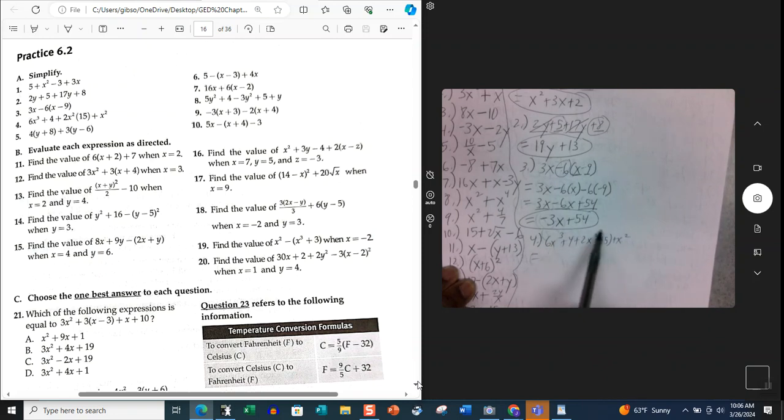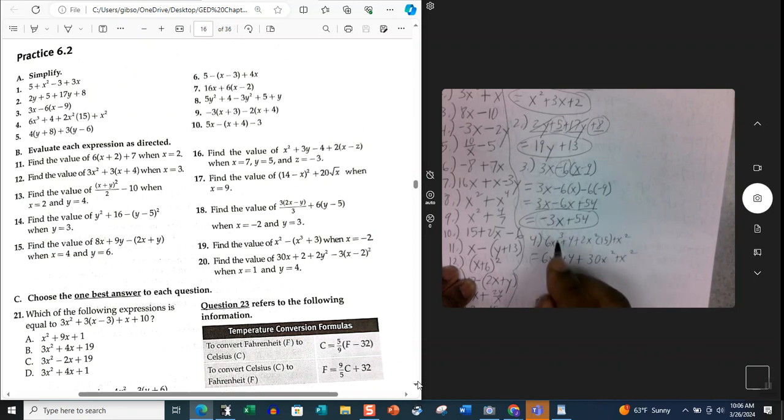We're doing our order of operations here, and we know we would do multiplication before we do any addition. So we have 6x cubed plus 4 plus 2x squared times 15. 2 times 15 is 30, and you bring down your x squared, and then plus x squared.